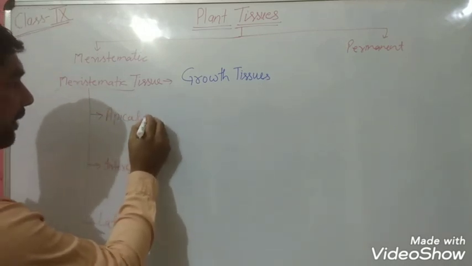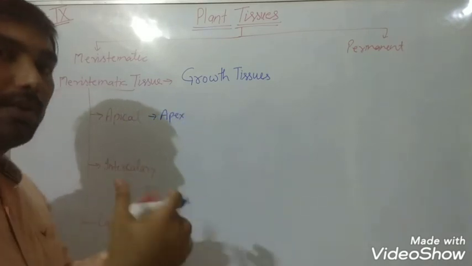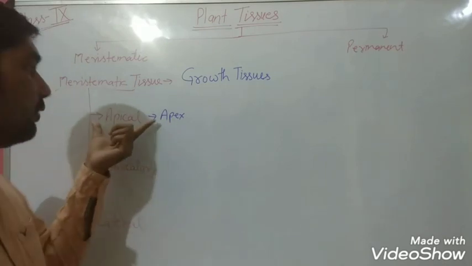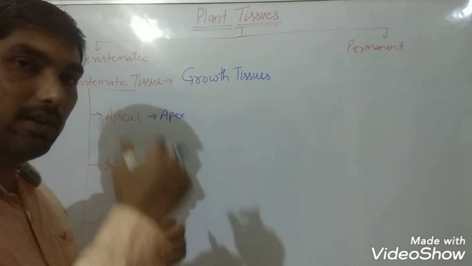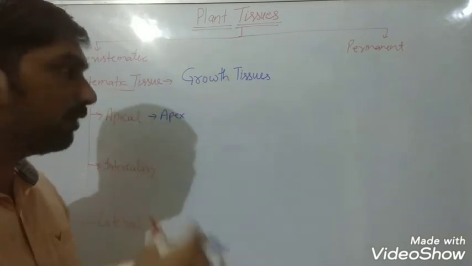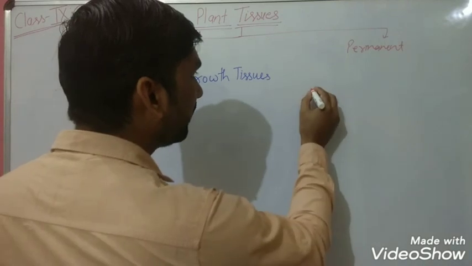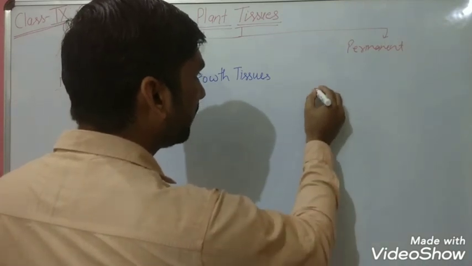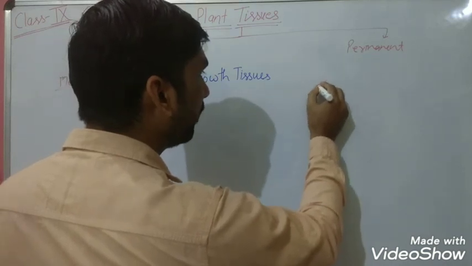Actually, apical means what? Apex means at top. So these tissues are present at the tip of the plants, whether it is at the shoot apex or the root apex. For example, suppose we make a structure of a small plant.